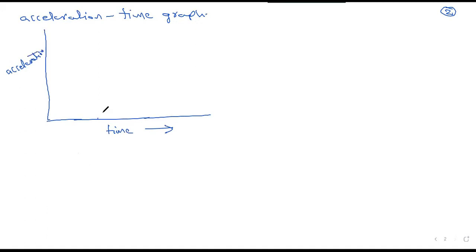If suppose you are having uniform constant speed, constant velocity, a constant velocity means acceleration 0.